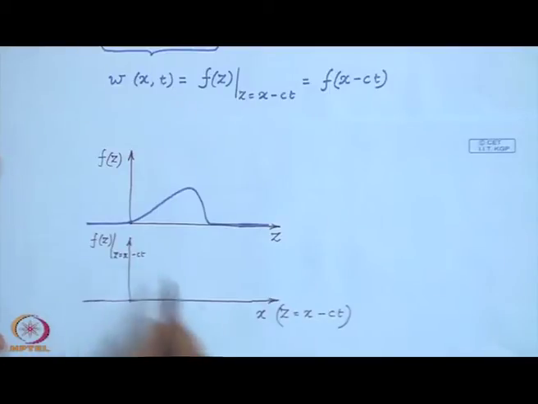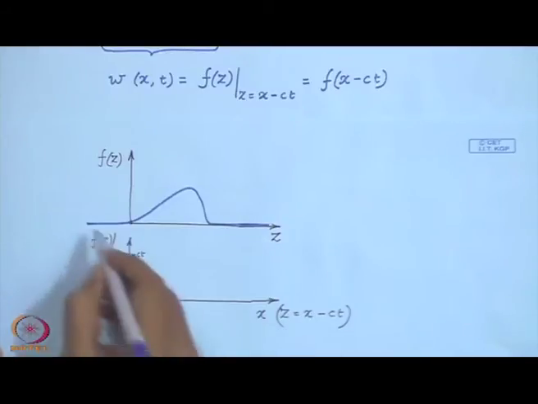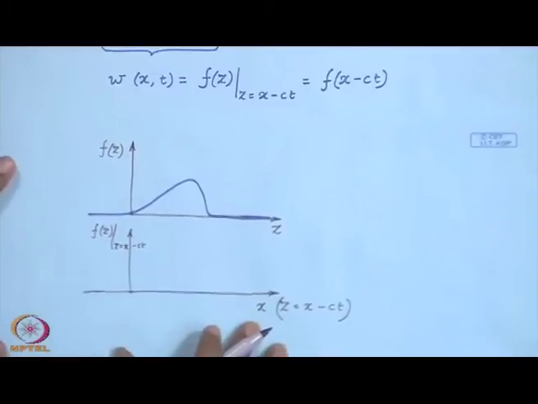So here I am replacing z by x minus c t and plotting with x the function at different times. Let us say at time t equal to 0, I have f of x, which is the same as this.